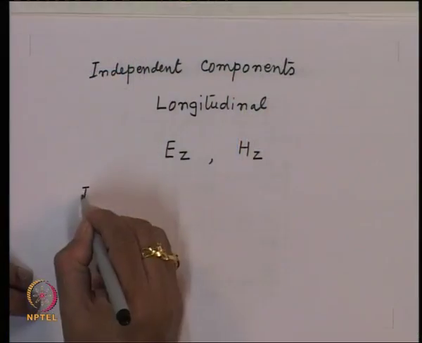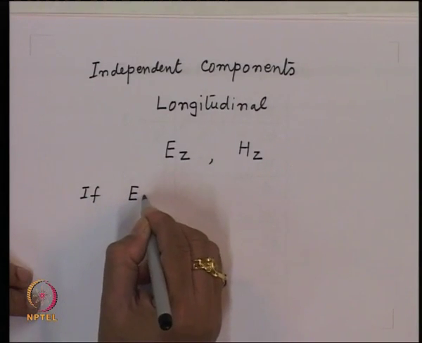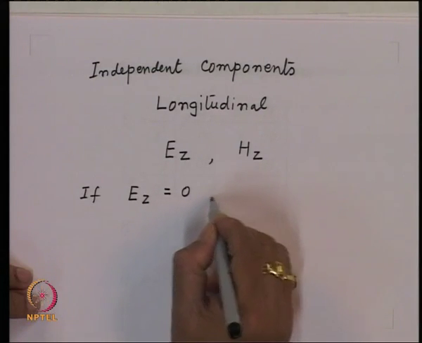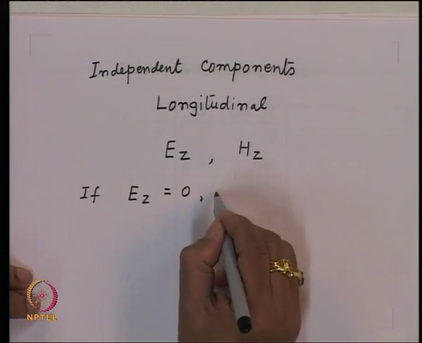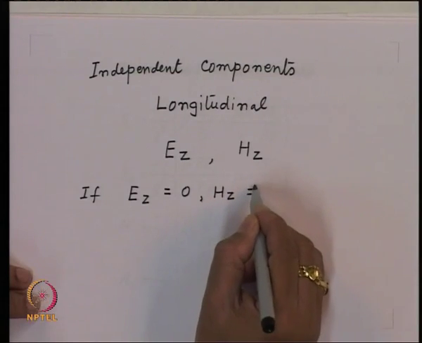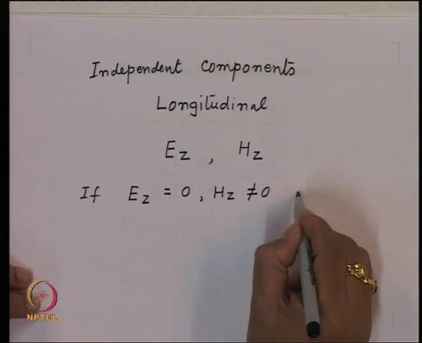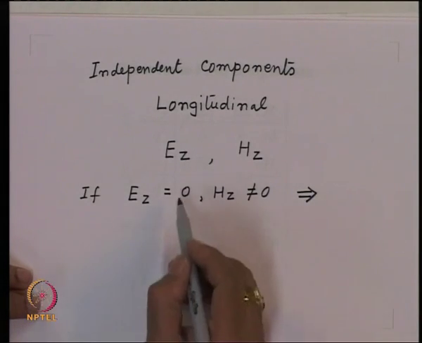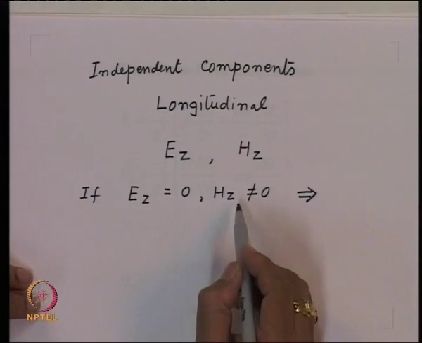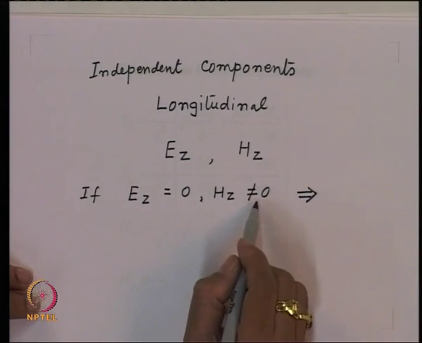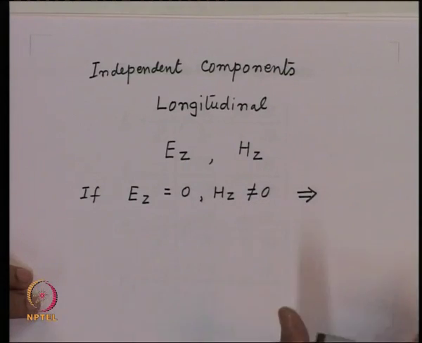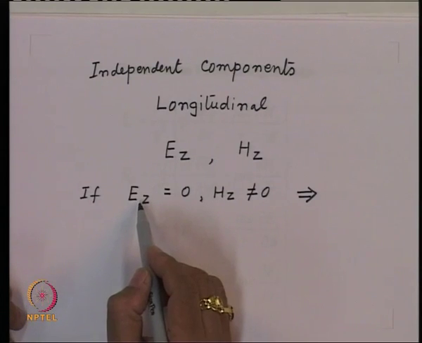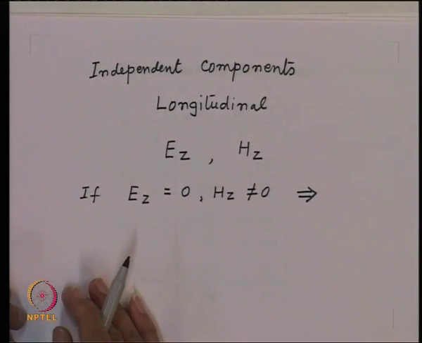So, if we take Ez equal to 0, then Hz is not 0. This gives you the field distribution which will be transverse electric in nature, because Hz is not 0, that means we have a component of magnetic field in the direction of the net propagation along the axis of the fiber, but there is no electric field component in the direction of net propagation.